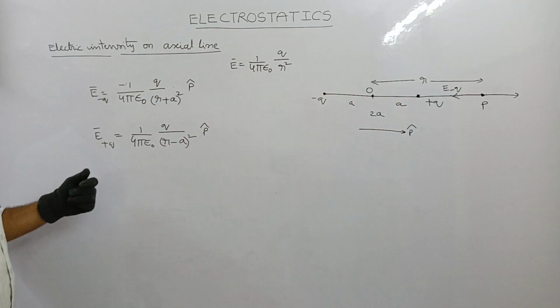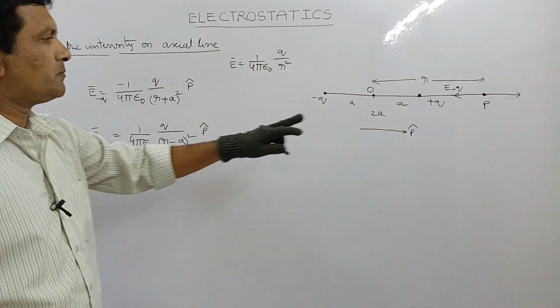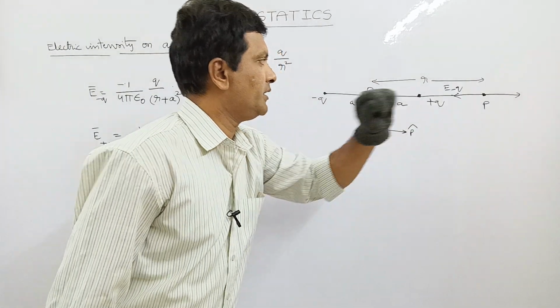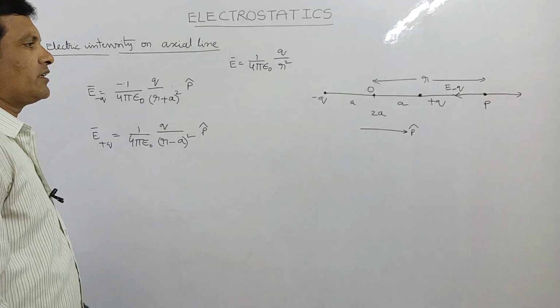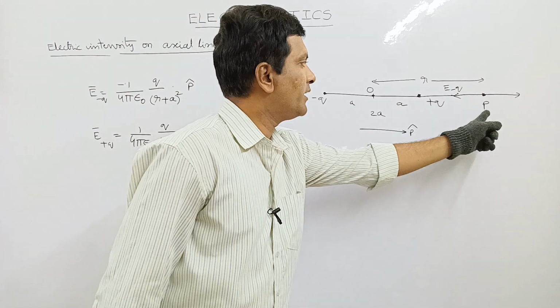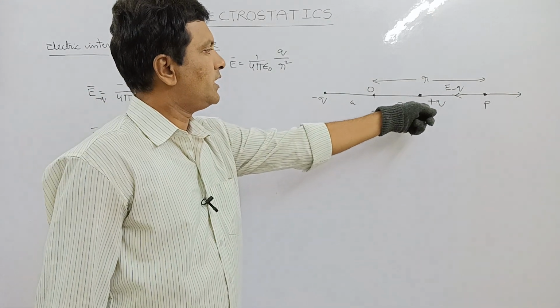Next, the electric field intensity due to this positive charge plus q at point P. What is the distance between plus q charge and P?